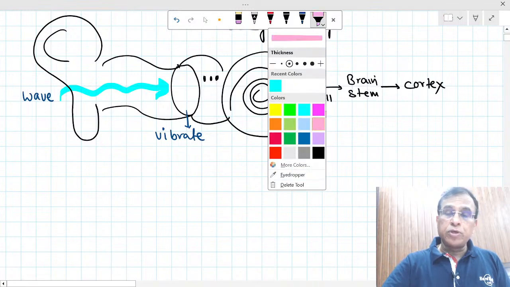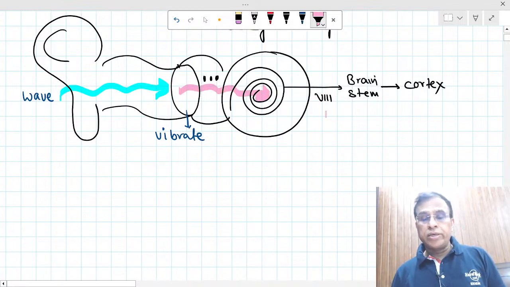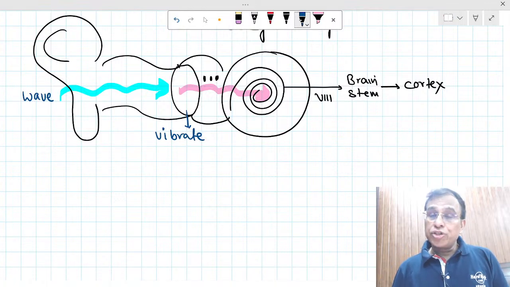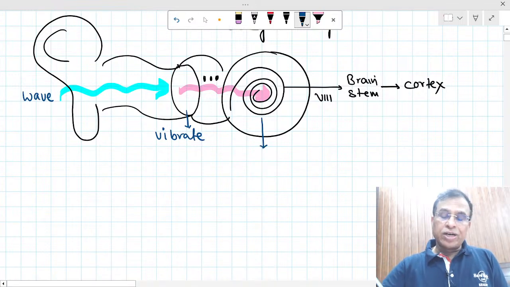And then what happens to this vibration? This vibration that is produced in the tympanic membrane then travels through the ossicles in the middle ear and reaches the cochlea in the inner ear. In the cochlea, there is another change. What is this change in the cochlea in the inner ear? The vibration gets converted into action potential.